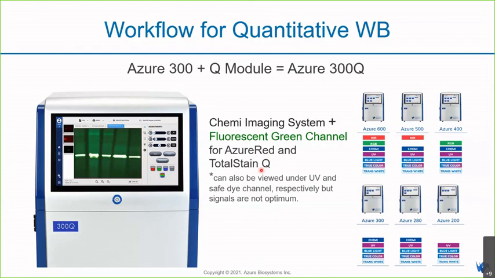That means the process is reversible. You can just destain it at any time on your blot. Total Stain Q is best for cell lysate, ranging from 1 to 50 microgram per lane protein amount. Azure Red is best for biological fluids with low protein concentration, ranging from 0.1 to 1 microgram per lane.